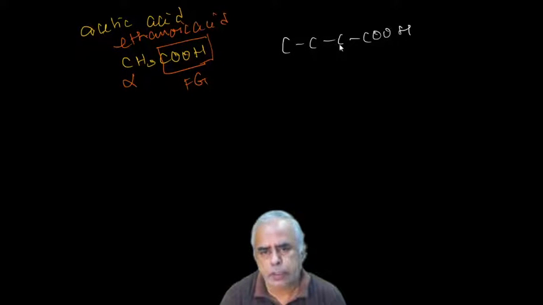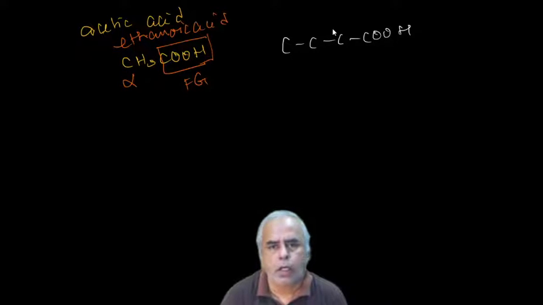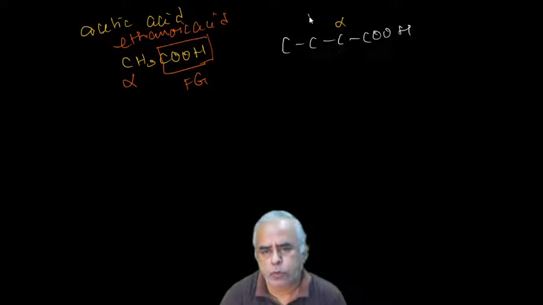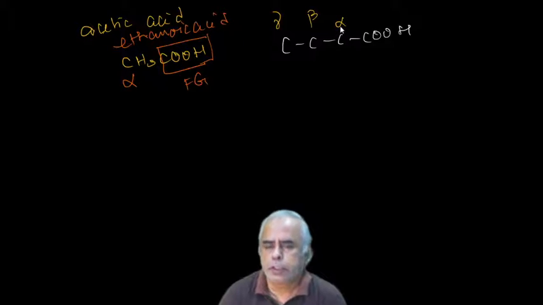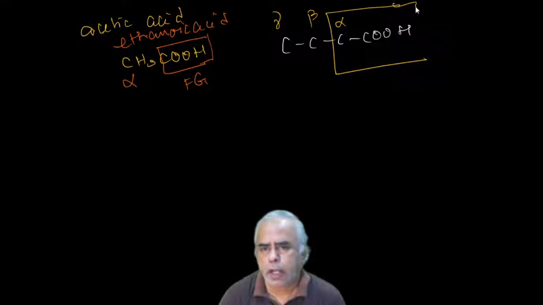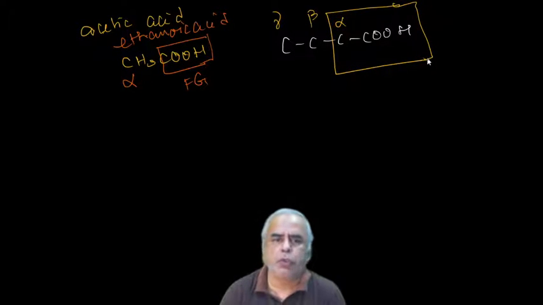In that case, the first one is alpha, second one is beta, third one is gamma, then delta, omega, etc. Especially the hydrogen present in the alpha carbon atom is substituted by an amino group.